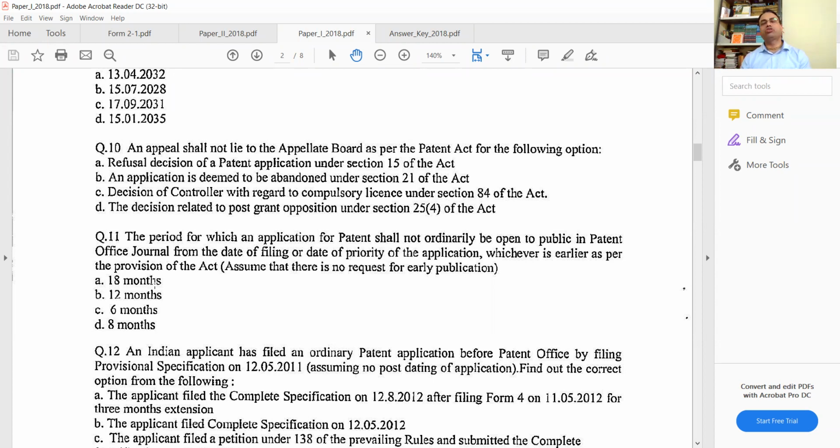By that time you will also observe that on the internet many model question papers will come up, and then you try to solve those question papers. And in this way, by that time you will become so fast that just by reading the questions properly, you know the answers, you know the sections, why others are not correct, why this is correct, sections, rule, form, fees, everything is in your mind. So this is how you need to practice it.